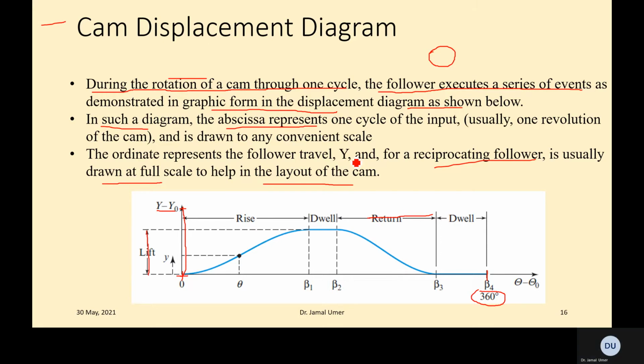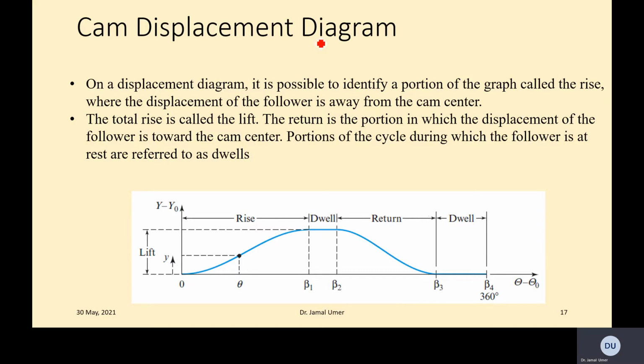All right. On a displacement diagram, it is possible to identify a portion of the graph called the rise. This portion is called the rise. The follower is moving upward, covering a distance of the lift, starting from 0, the reference position with no lift, and going upward, right?